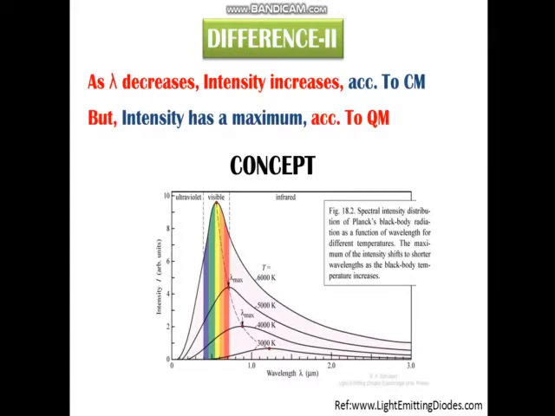But in practice, the actual observation is, as the temperature increases, the frequency also increases and the wavelength reduces. So you can see that as temperature increases, the intensity reaches a maximum value. Corresponding to different temperatures, instead of getting a continuum, you get a maximum corresponding to different wavelengths.